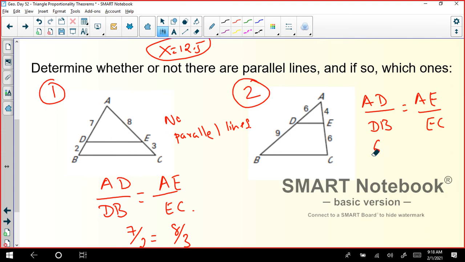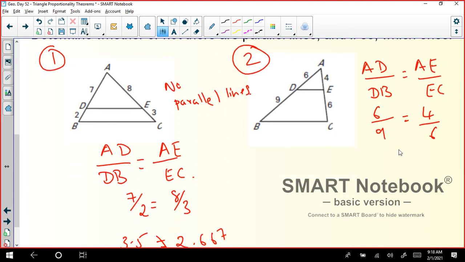AD was 6, DB was 9. AE was 4, EC was 6. 6 divided by 9 is 0.6 repeating, and 4 divided by 6 is 0.6 repeating. They are both equal, so you can say yes. We have parallel lines. Segment DE is parallel to segment BC.